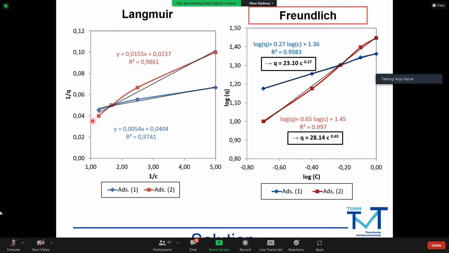So this is the linearization of the Langmuir isotherm for adsorbent 1 and adsorbent 2. This is why I said it's good if you have Excel before you, because you can just use the R-squared value to see how good is the fit. Of course, in the exam, we will not give you an example like this where you would need a computer to choose the adsorbent.